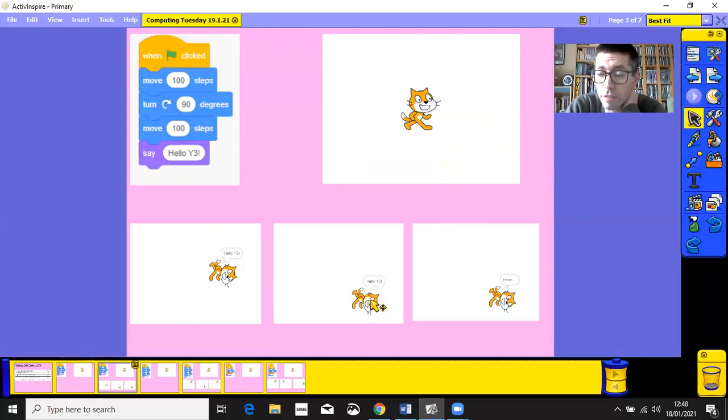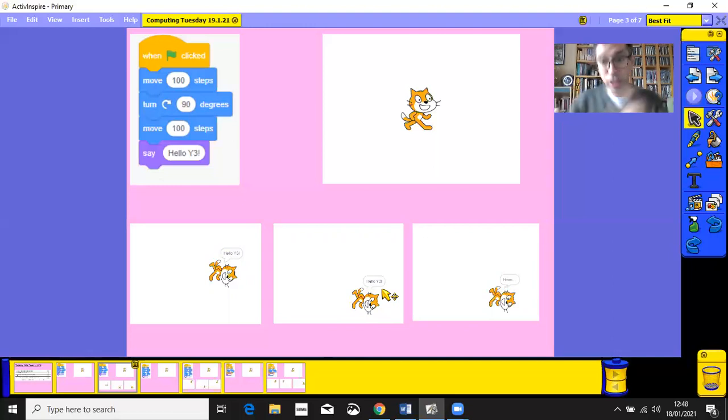This one, oh, he's in the right place, and he's facing downwards, and he is saying, hello, Y3. So that's looking good. And this last one, he's in the right position, he's facing downwards, but he's got a little thought bubble. So our prediction is that this is the correct one, okay?